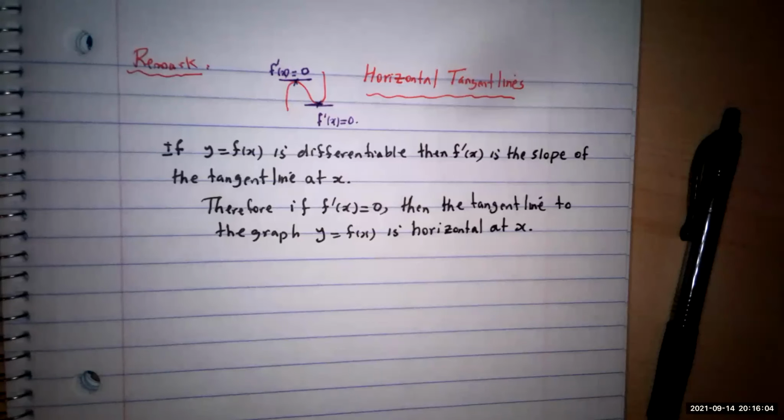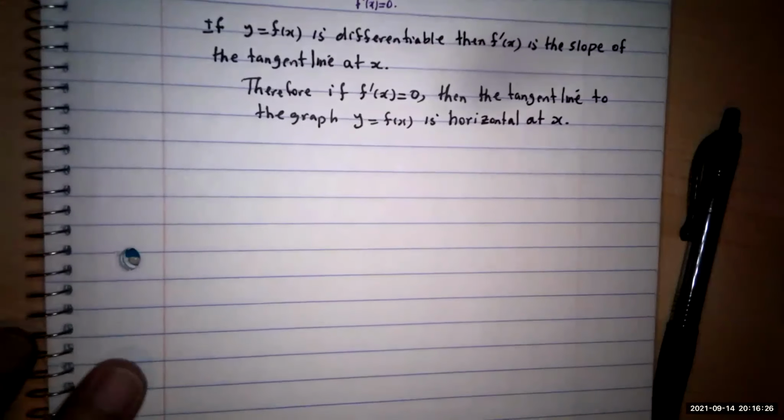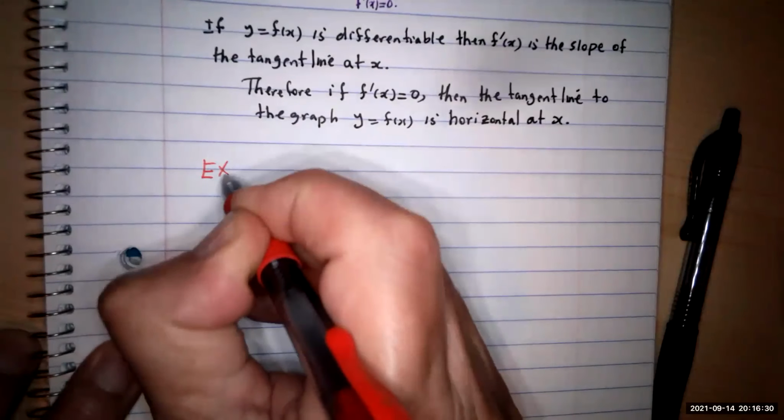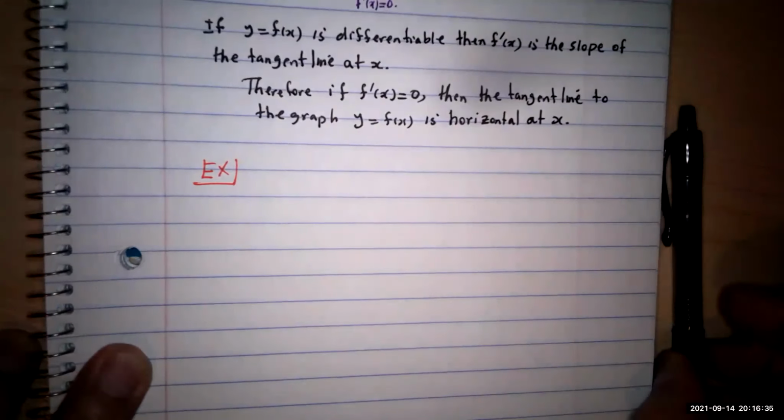If you find this derivative and it happens to be equal to 0, the slope of the tangent line is 0, so you are going to have a horizontal tangent line. So this is going to be our second problem. Now the horizontal problem would be given: they give a function and ask you to find how many horizontal tangent lines it has. So this is the third problem of this section.